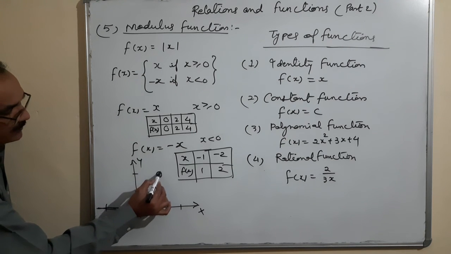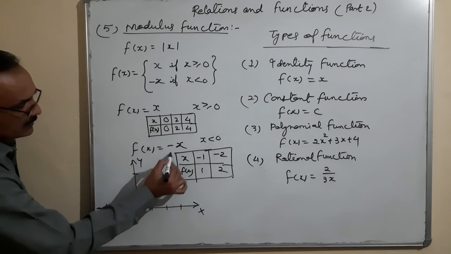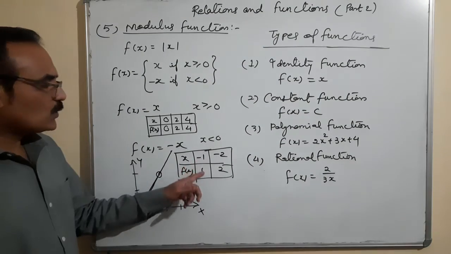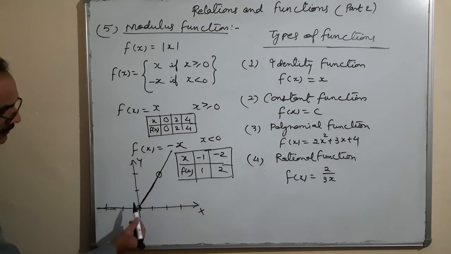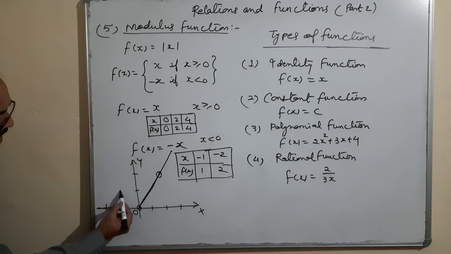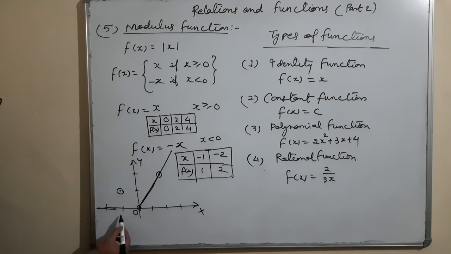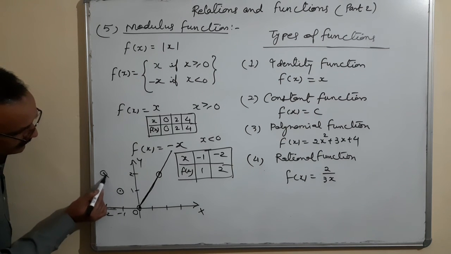You can join them from this point to the origin. Now let us see the second table. x = -1, y = 1. x = -2, y = 2. We can join them.